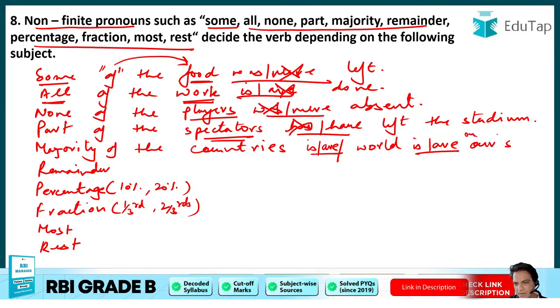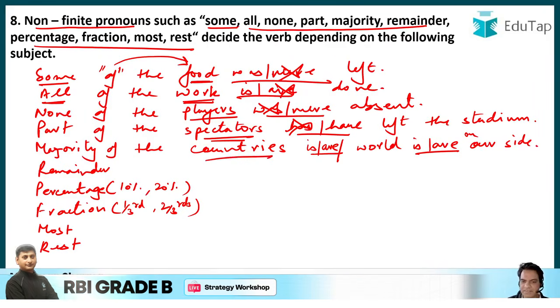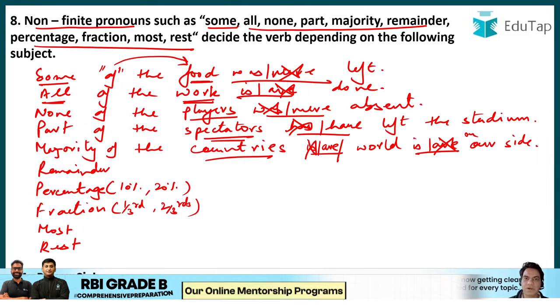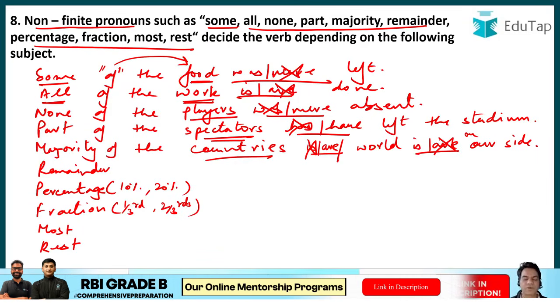Yes, on our side. So majority of the countries are on our side, majority of the world is on our side. So these words decide the verb according to the noun which follows. So these are the exceptional words.